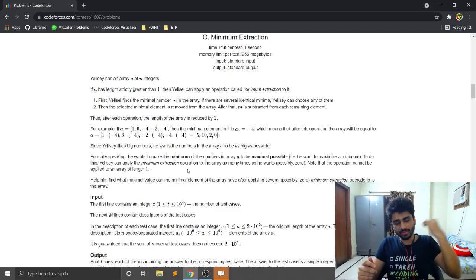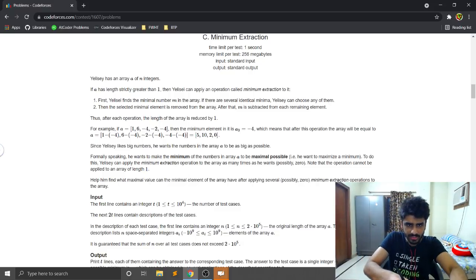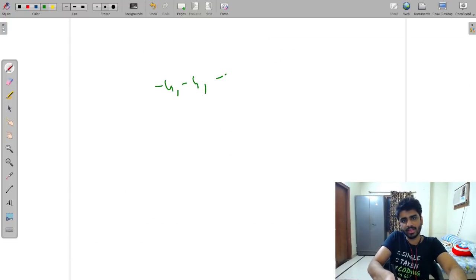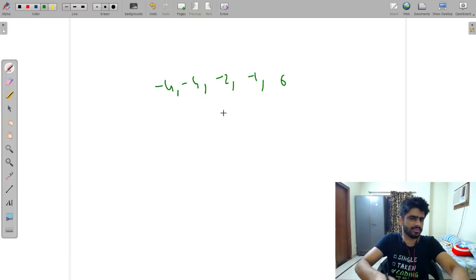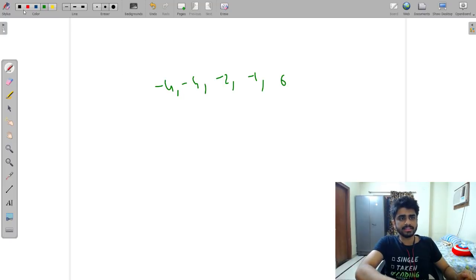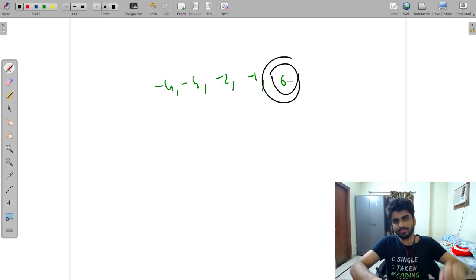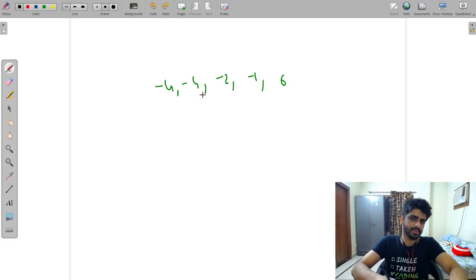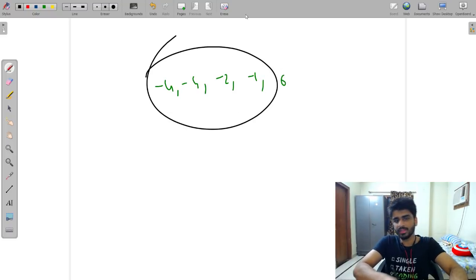And then if we have the sorted version of this array, it would look something like -4, -4, -2, -1, 6, or whatever the array is. Let's say you want this to be the element that was left, so all of these have to be erased.